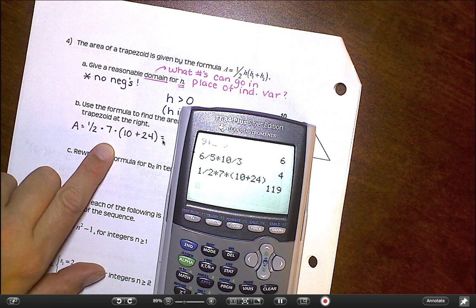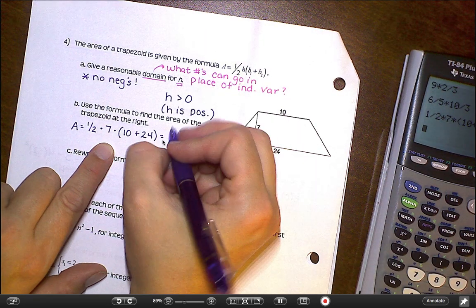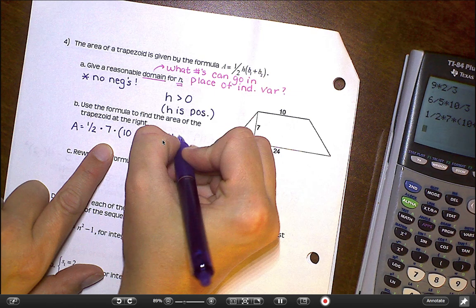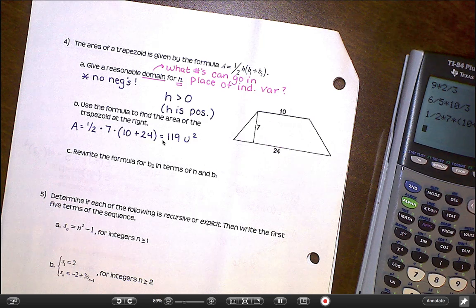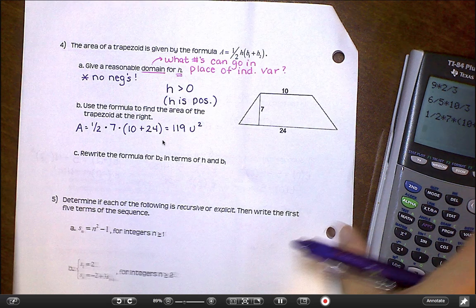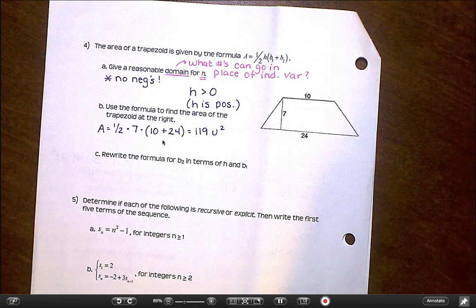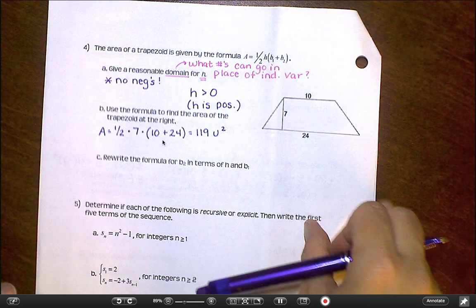And I get 119 again. Gosh, I feel like I got 119 before for something too. And I didn't give units here, so I would just say square units, whatever it happened to be. Centimeters, inches, doesn't matter. We stumbled over this a little bit on the last quiz.